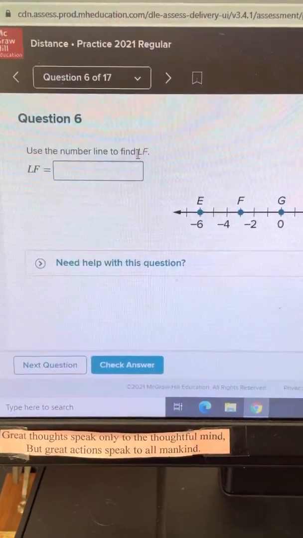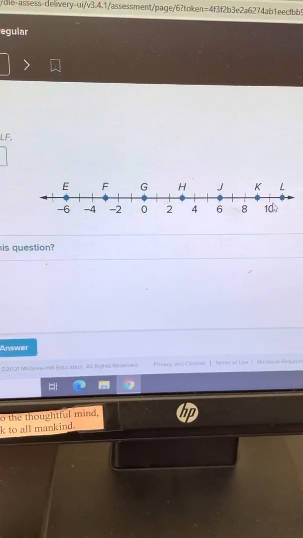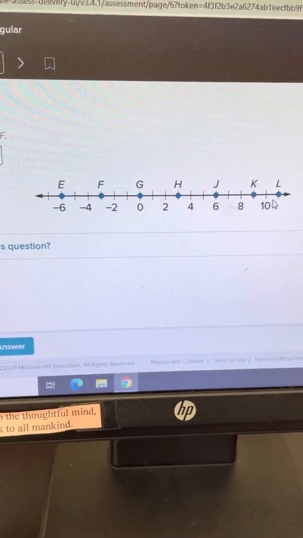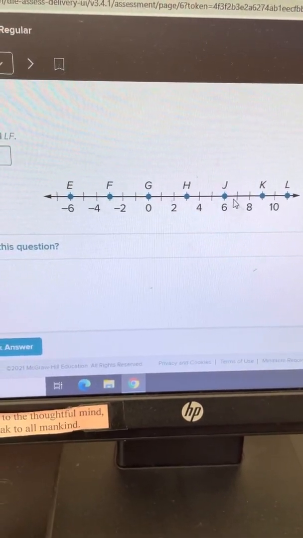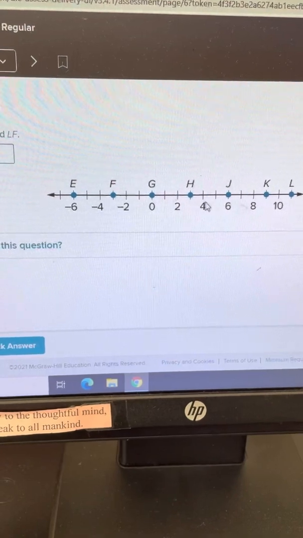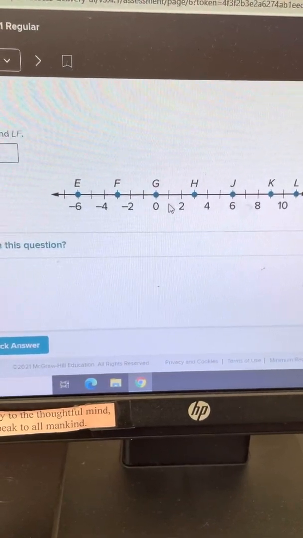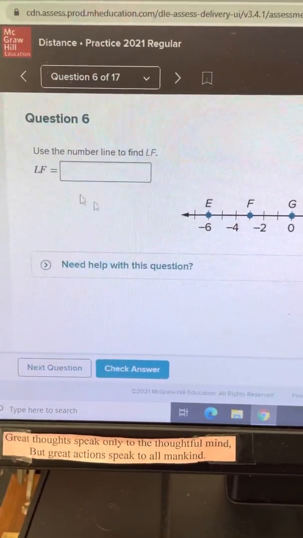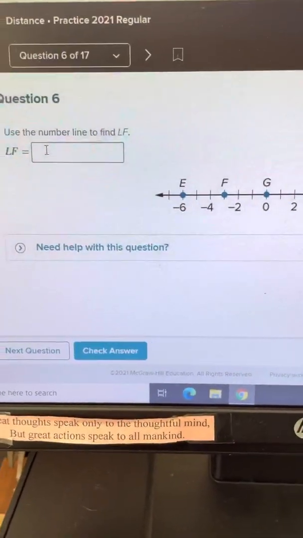For number 6, LF, so we're going to look at L and F. And so the difference between those, we have 1, 2, 3, 4, 5, 6, 7, 8, 9, 10, 11, 12, 13, 14. So you should have 14 for LF, and that's question 6.